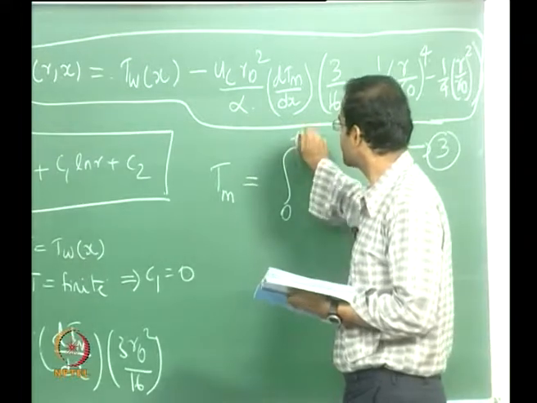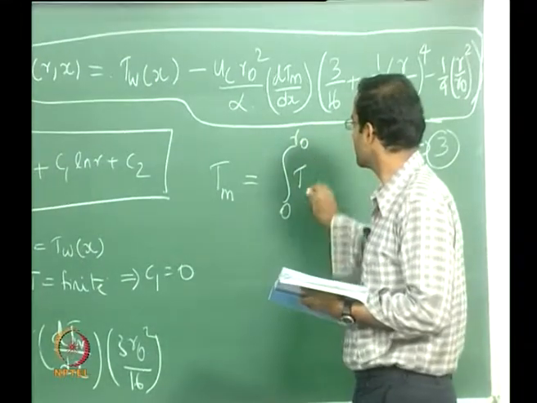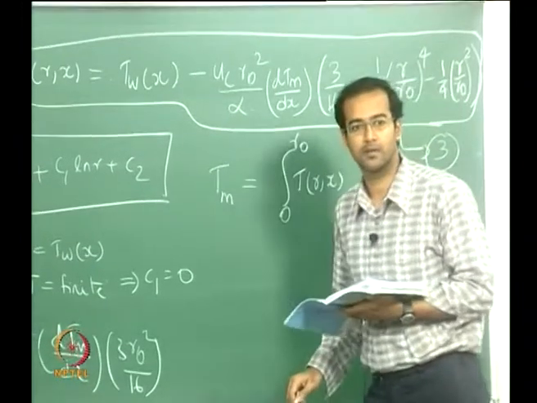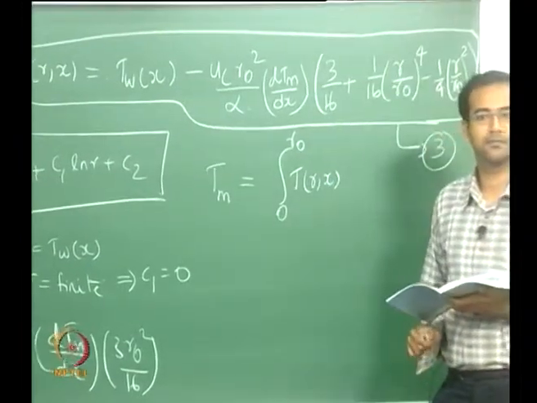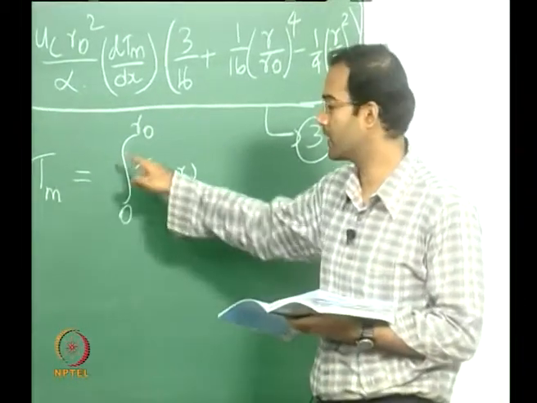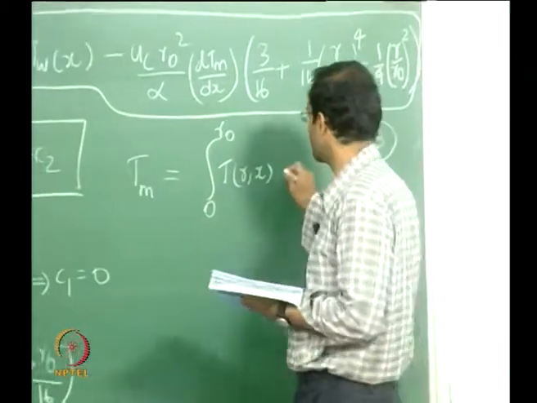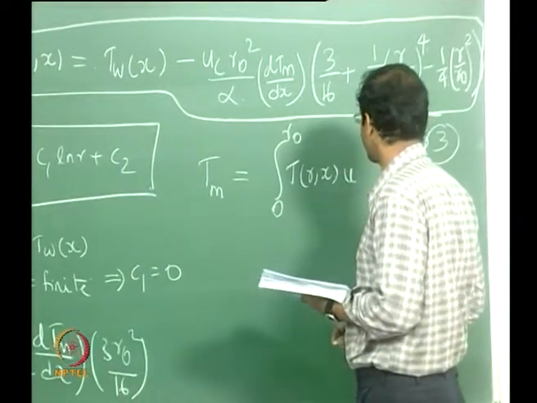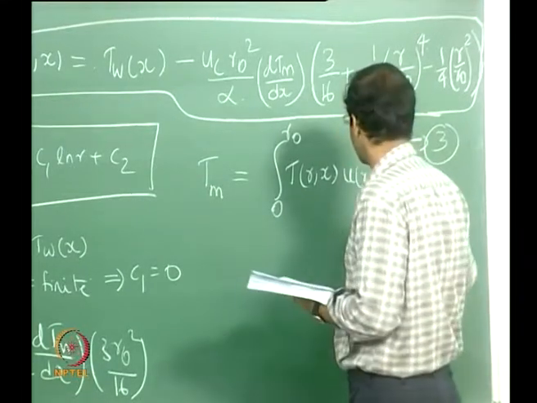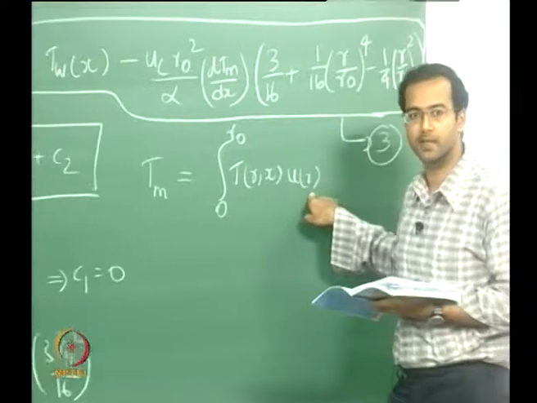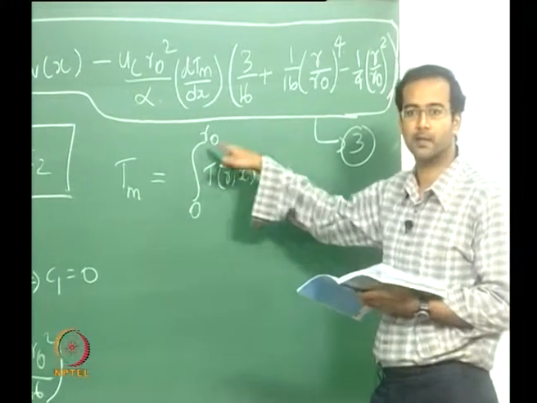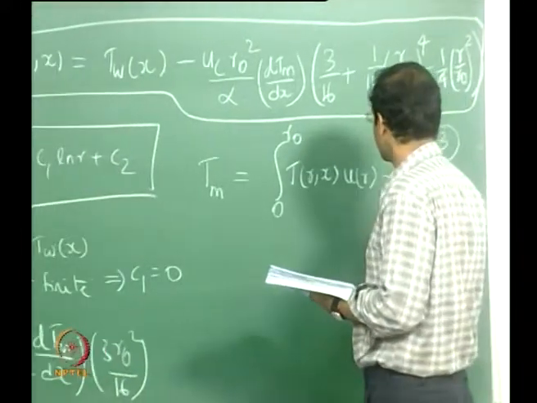0 to R naught, T into, so what is the mass? Rho into A into U. In the numerator and denominator the rho can cancel off, so you have U, and of course U is a function of only R. And what is the differential area? 2 pi RdR. 2 pi cancels in the numerator and denominator, you have RdR.